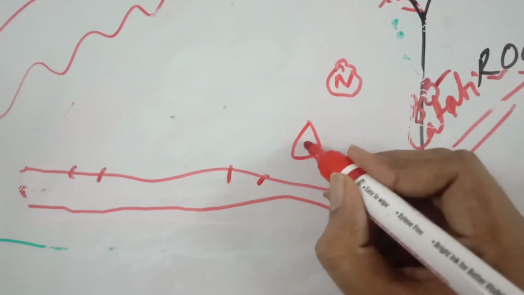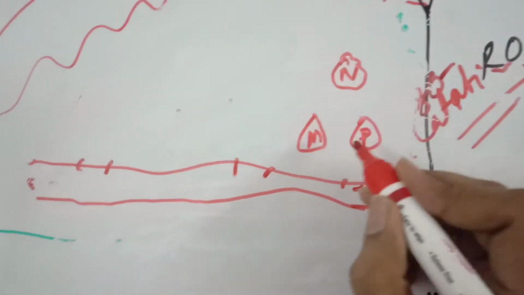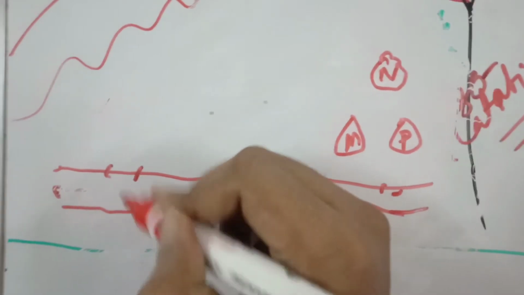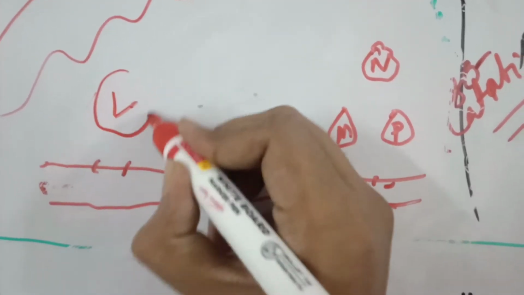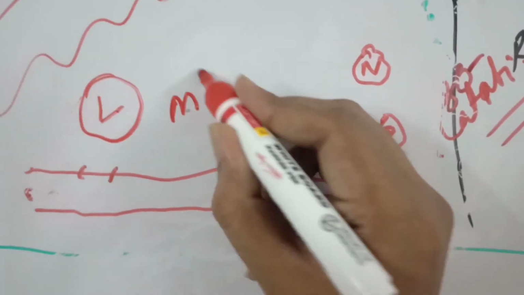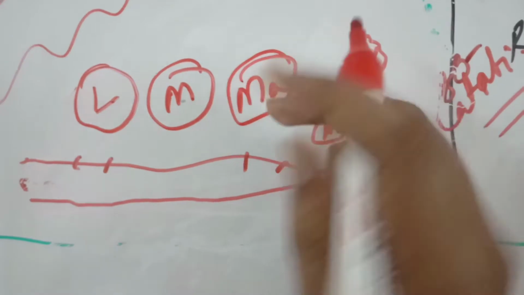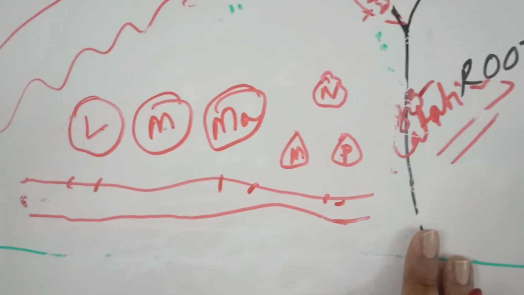Mast cells are already there. Plasma cells are already there. Along with that, lymphocytes will play an important role here. Lymphocytes, monocytes, macrophages. These cells will play an important role here.